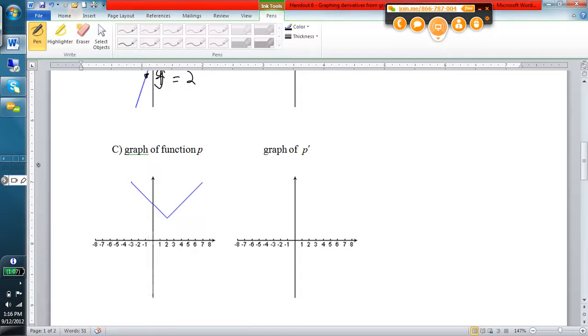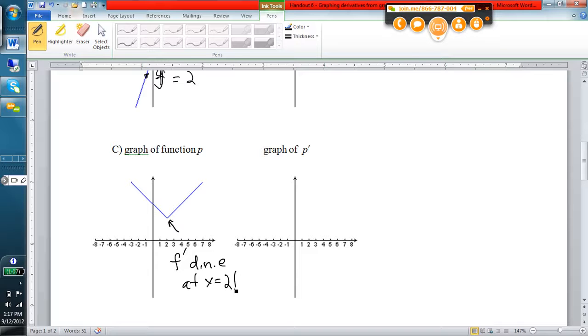The derivative does not exist here at the corner. We just talked about that. So f prime does not exist. Where is that? At 2? Because it's a corner. Any corner, derivative does not exist.